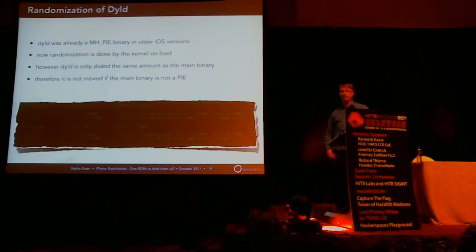So if the main executable is moved by 4 kilobytes, then the dynamic linker is also moved by 4 kilobytes. So for most of the third-party applications at the moment, there's no shifting of the dynamic linker.